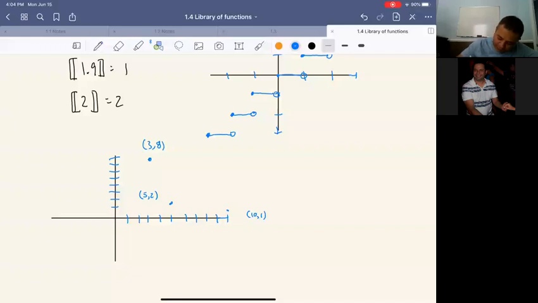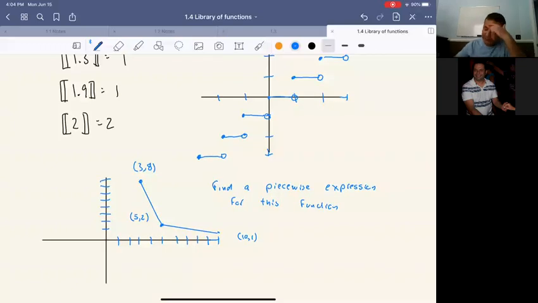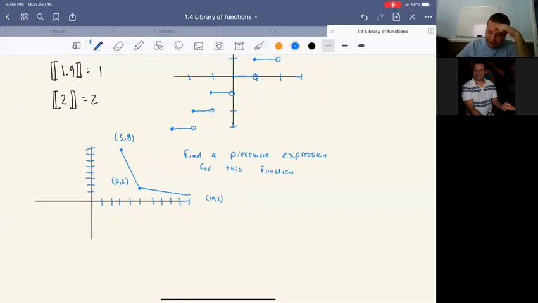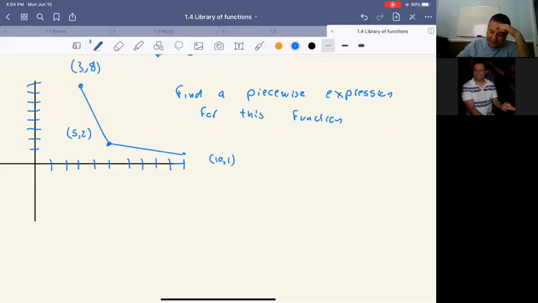Okay, we want to find the expression here. So find a piecewise expression for this function. So even though it has two pieces, still a perfectly fine function, okay? And we can find the expression for it.